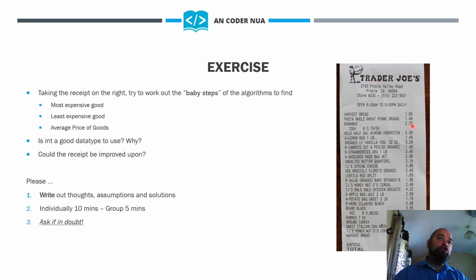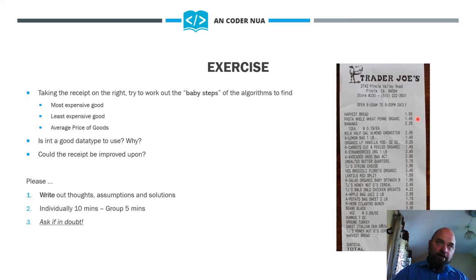And as I went through it, I compared the price of the first item to the price of, let's say, the second item. Is it greater than the first item? It's not. So the first item is still the most expensive. Is it less than the price of the first item? It is. So the first item is still the most expensive, but now the second item is the least expensive.